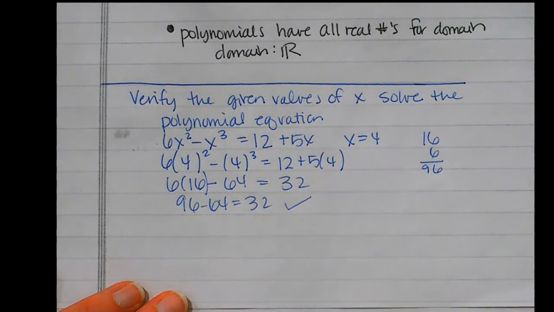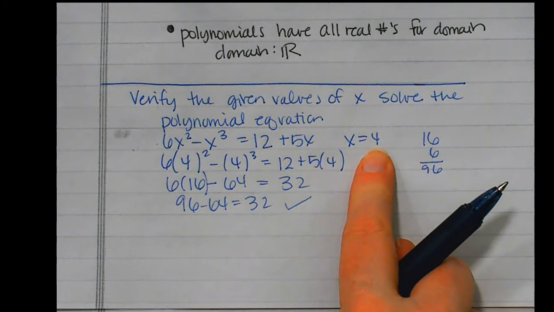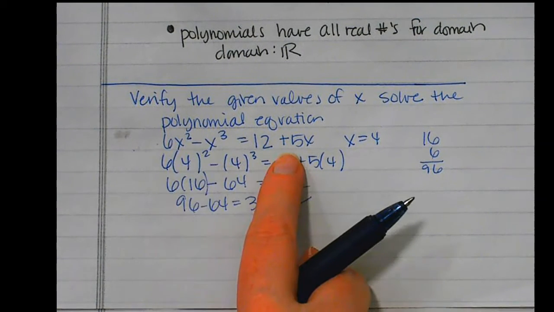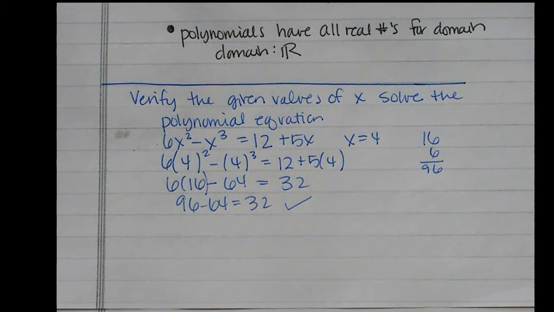That does verify. So you would just show that you understand that at x equals 4 is where this graph would cross this graph. And we will actually graph some on our calculator to get good at that too. You just need to plug it in. Okay, so we're going to do just a couple problems. That's pretty straightforward.